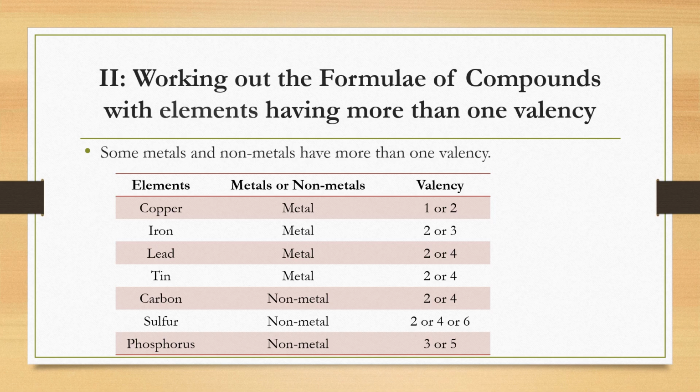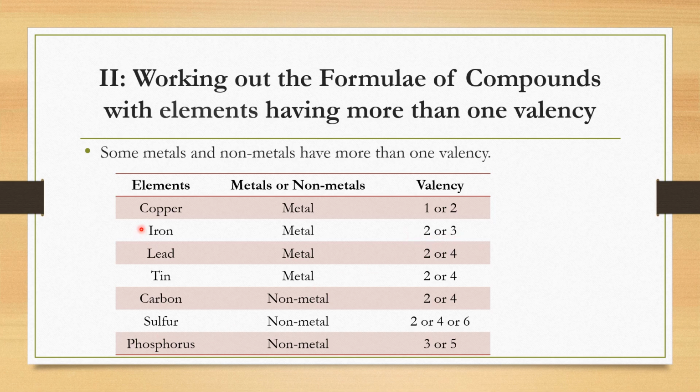As you have learned in grade 8, some elements exhibit more than one valency. For example, copper has valency 1 or 2, and iron has valency 2 or 3.